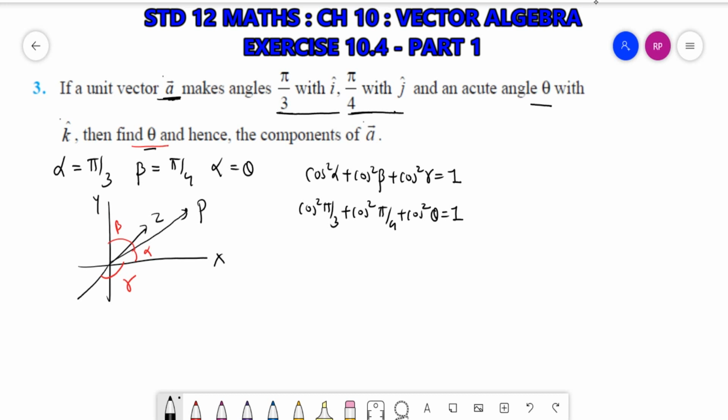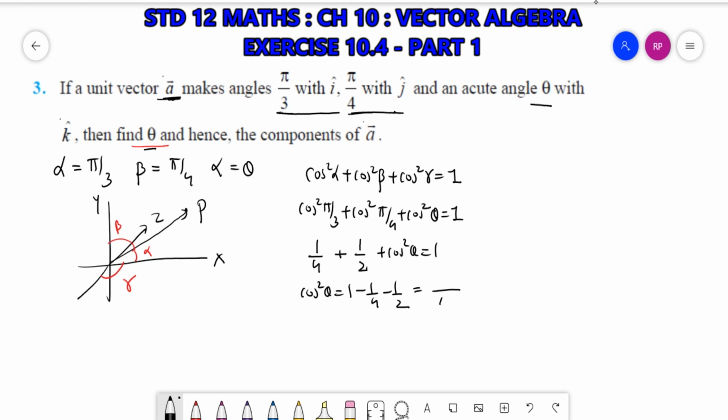Cos square pi by 3, that means cos square 60, is 1 by 2 and its square is 1 by 4. Cos square pi by 4 is 1 by root 2 and its square is 1 by 2, plus cos square theta equal to 1. So cos square theta is 1 minus 1 by 4 minus 1 by 2.